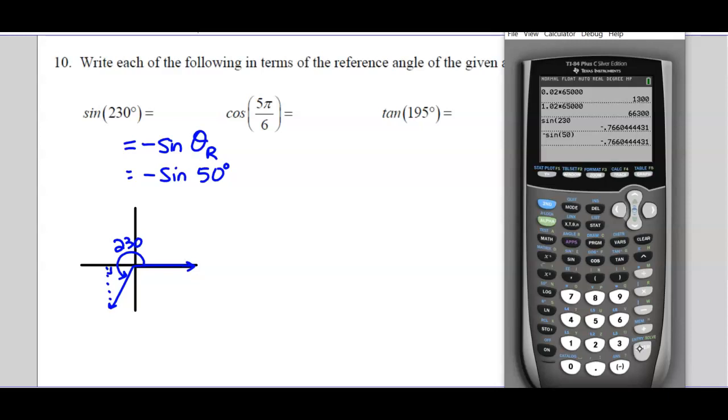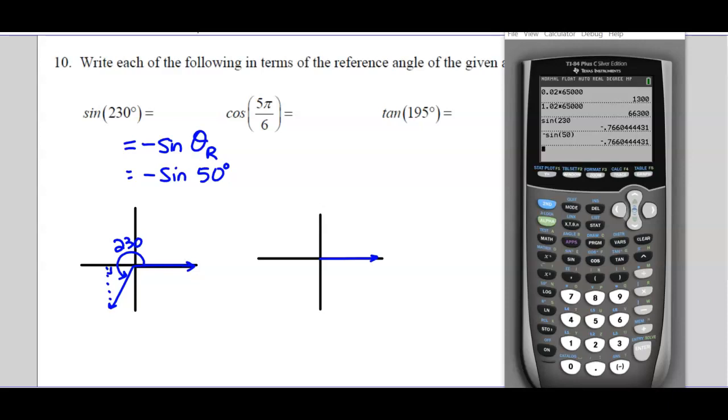Cosine 5 pi over 6. So here, 5 over 6. Is 5/6 pi less than pi or greater than pi? Less.